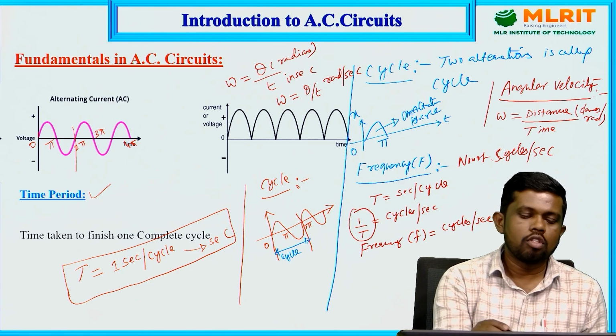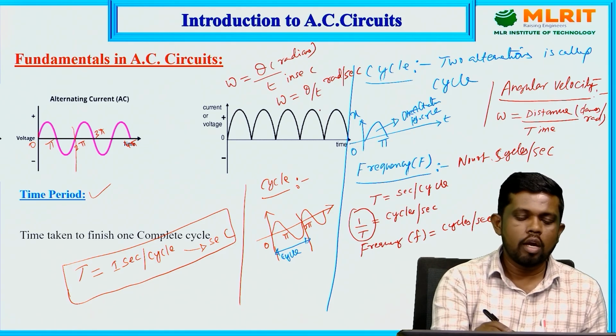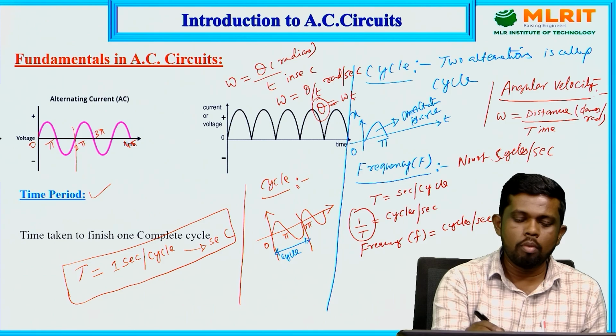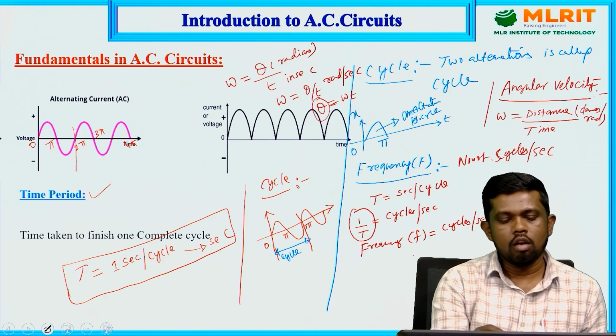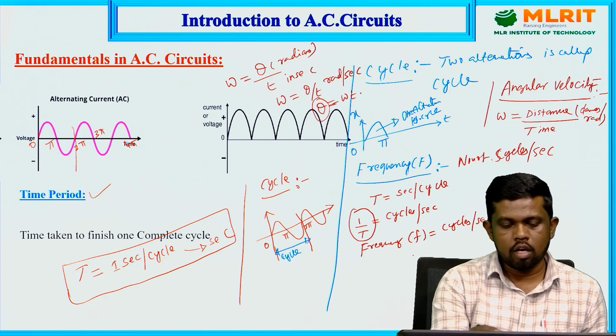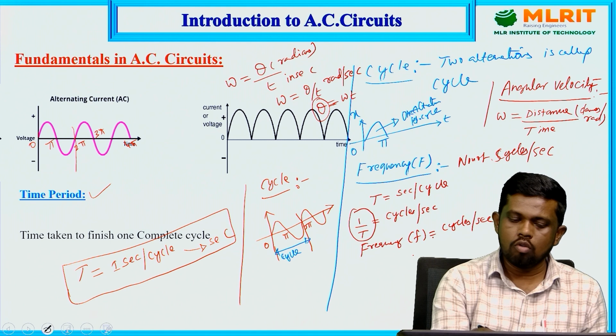The angular velocity we always measure in radians per second. From this we write the theta value, theta in radians, equals omega t.